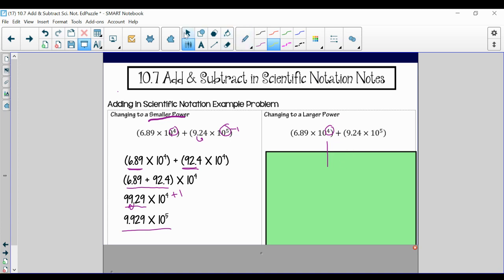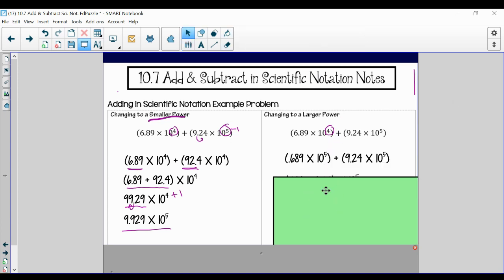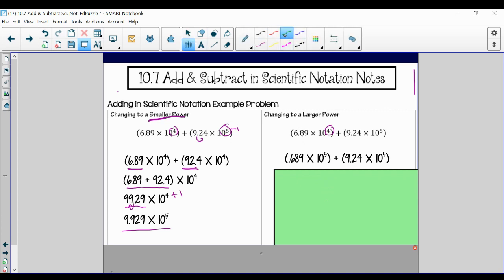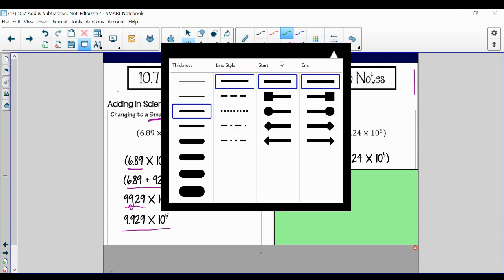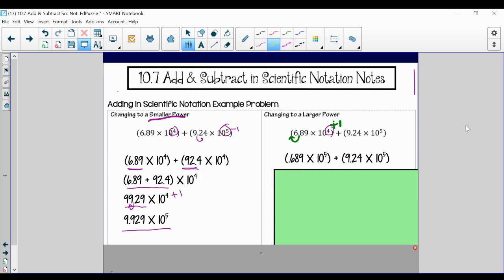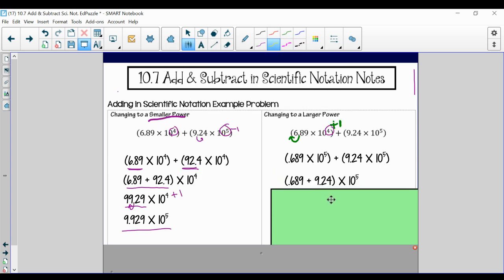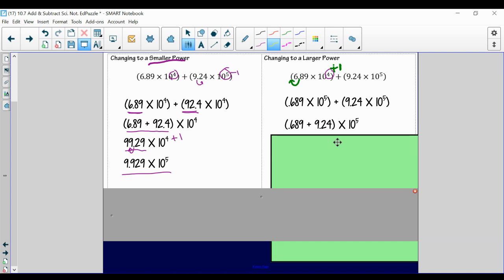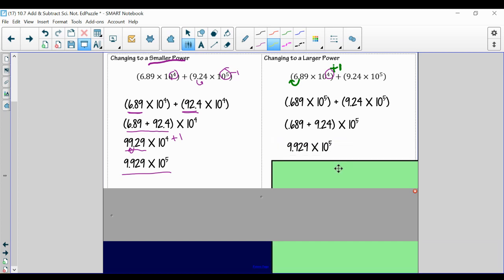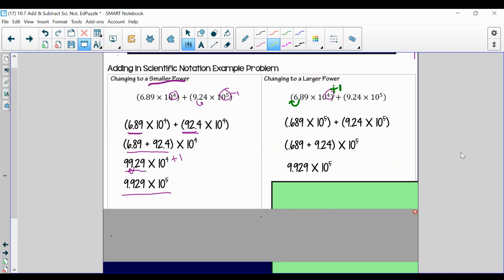So in order to do that, we have to divide by 10. So that moves our decimal place over here. And we add the 1 to the power. So that's 10 to the fifth now. So now we've created it so our place values are lining up. So now we can go ahead and add, and then we get 9.929 times 10 to the fifth.